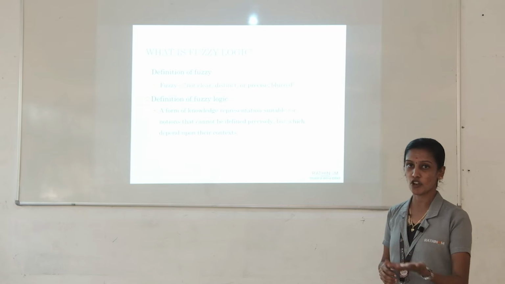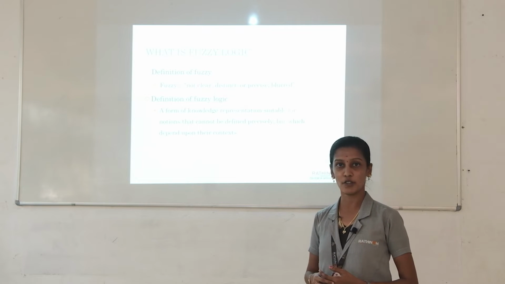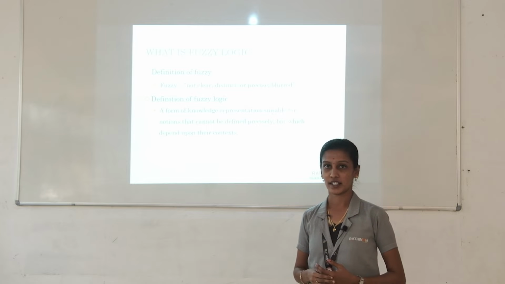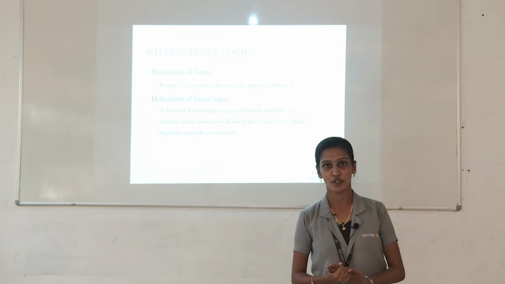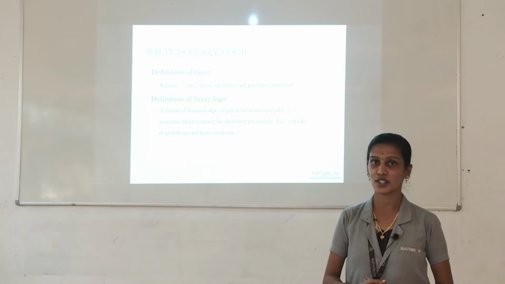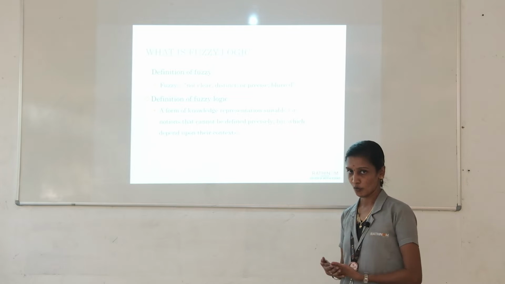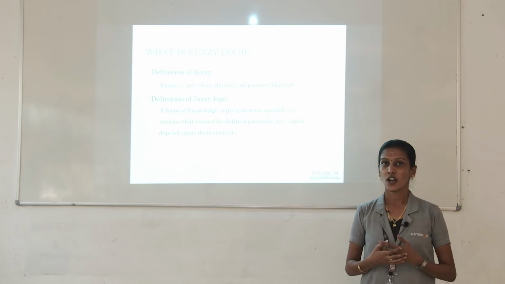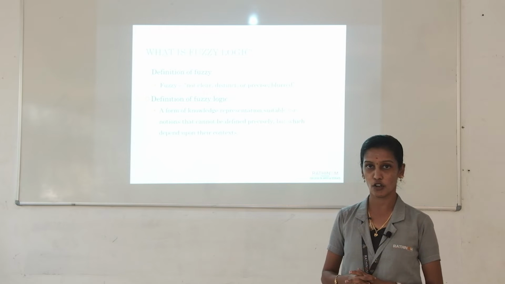If it is not hot, which means it is cold, then I will give the value 0. But in fuzzy logic, as I told you, there are many values. The value will range from 0 to 1. So I can say how far it is hot and how far it is cold.